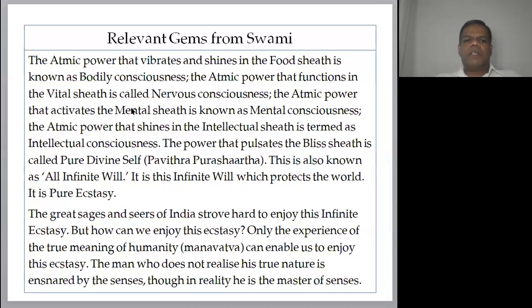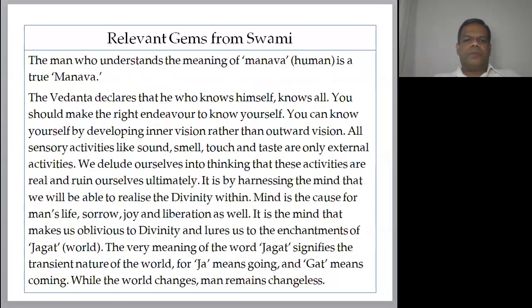Then the vital sheath is the nervous, which is Prana Shakti, so Pranamaya. The power that activates the mental sheath is Manomaya, mind. And the intellectual is Vijnanamaya. And then Anandamaya is pure ecstasy. So Swami is referring to this. So the Lord is actually the Lord of all these also.